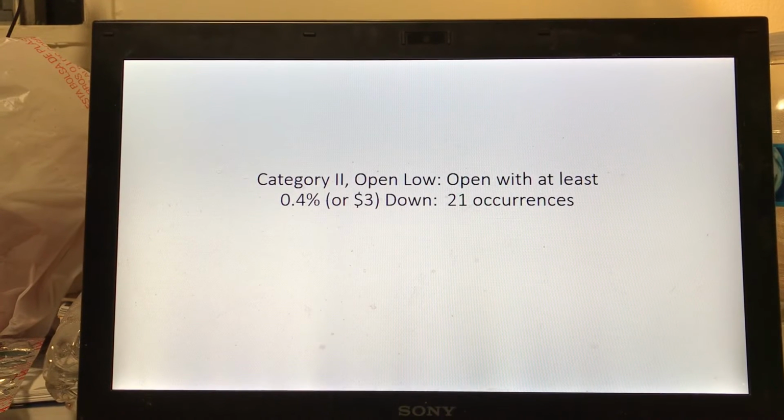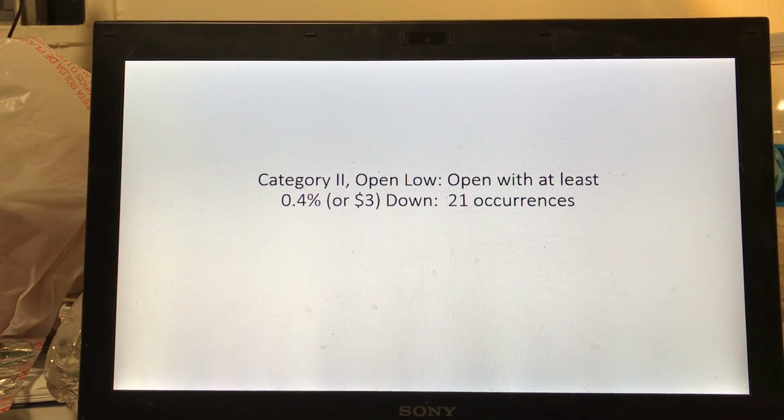Our second category is that the stock opens with at least 0.4% or $3 down, which can be attributed as a low opening.